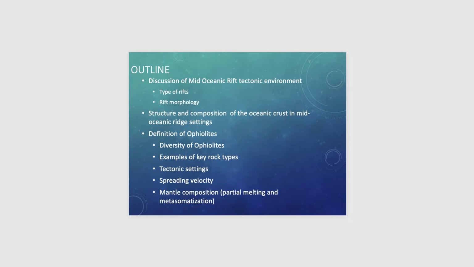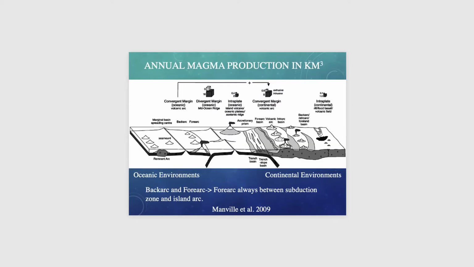Okay, so if you remember from one of the earlier slides, we presented different tectonic settings and also discussed the difference in terms of annual production of magmas in oceanic rifts versus subduction related magmatism and hotspots. So we highlighted three major environments.